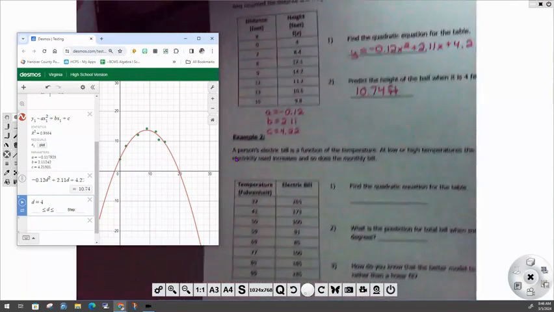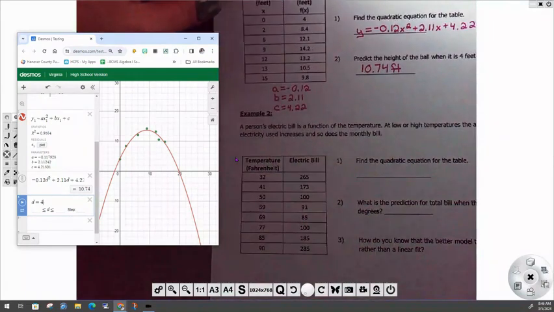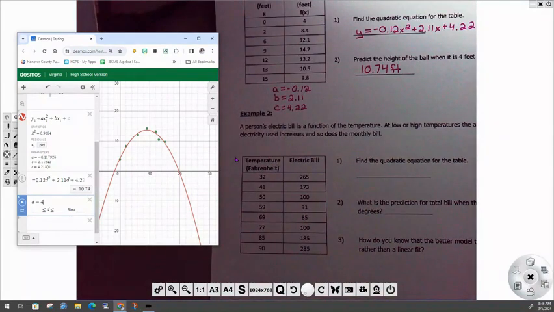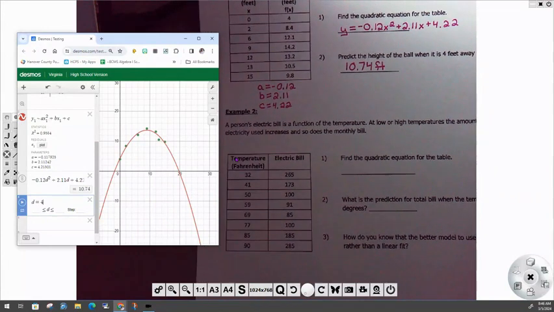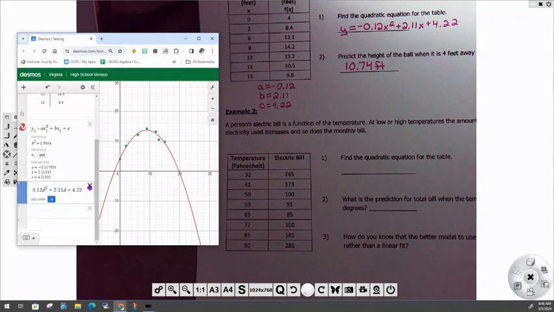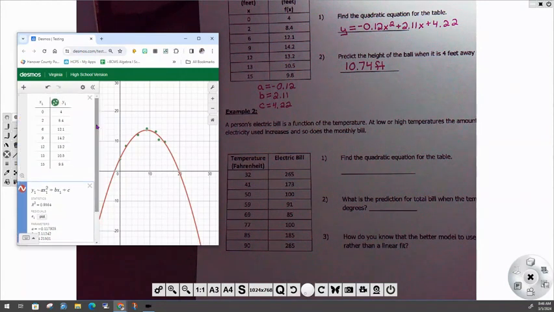A person's electric bill is a function of the temperature. At low or high temperatures, the amount of electricity used increases, and so does the monthly bill. So again, it's asking us to create or find that quadratic equation. So let's go back to Desmos. I'm going to go back to my table and re-put in my information.